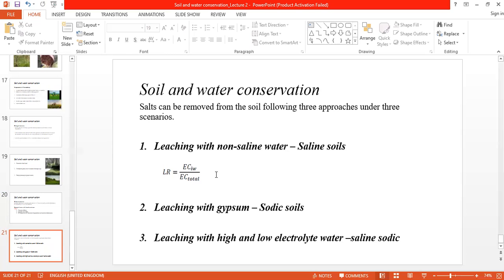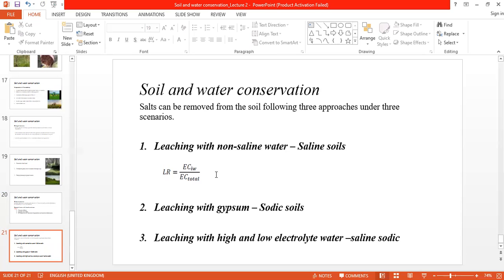This gypsum chemical has high calcium, so the calcium is going to replace the sodium on the soil complex. And once you do that, you leach your sodium to lower profiles. So after adding gypsum, you irrigate your soils and also add the leaching requirement.